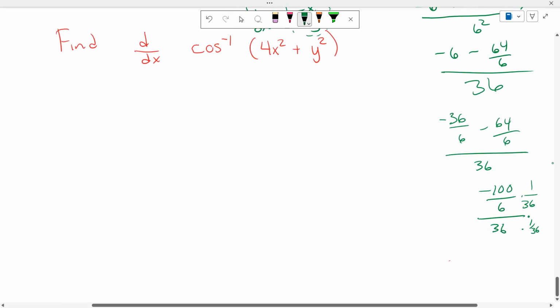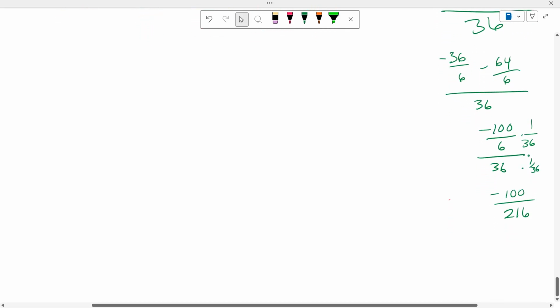It's negative 100 over 216, which is negative 50 over 108, which is negative 25 over 54. I think that's all the way we can go down.